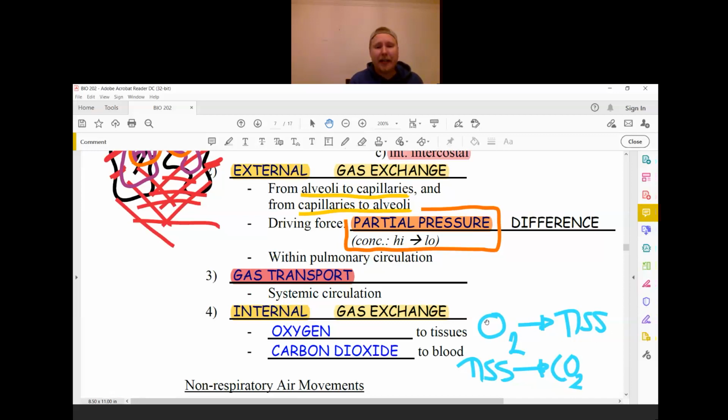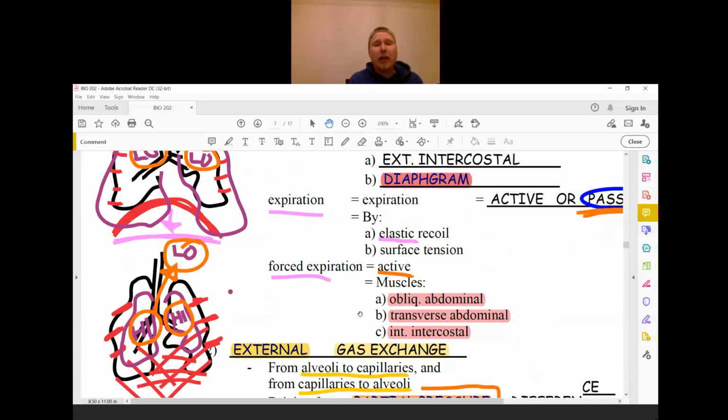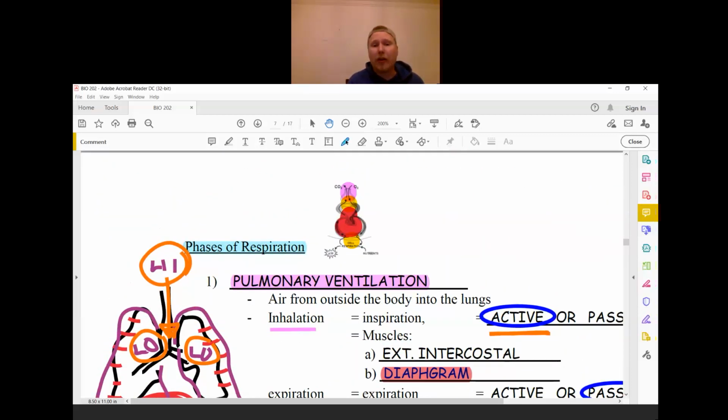So that's our internal gas exchange. And of course, this process could proceed in the order that we just discussed, but also the other way around, from the tissues or interstitial fluid all the way to the alveoli.